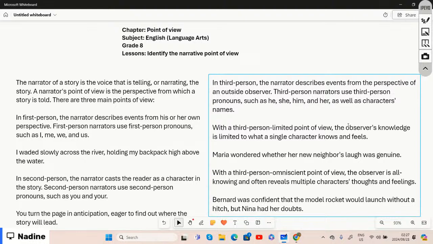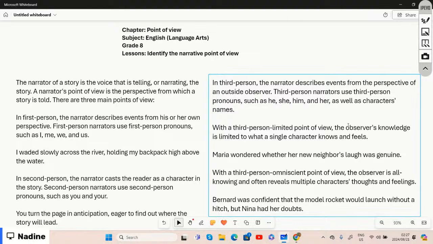And remember, when it comes to interpreting novels or stories, or narrating stories, or even writing a story, the narrator of the story is the voice that is telling or narrating the story. The narrator's point of view is the perspective from which a story is told.